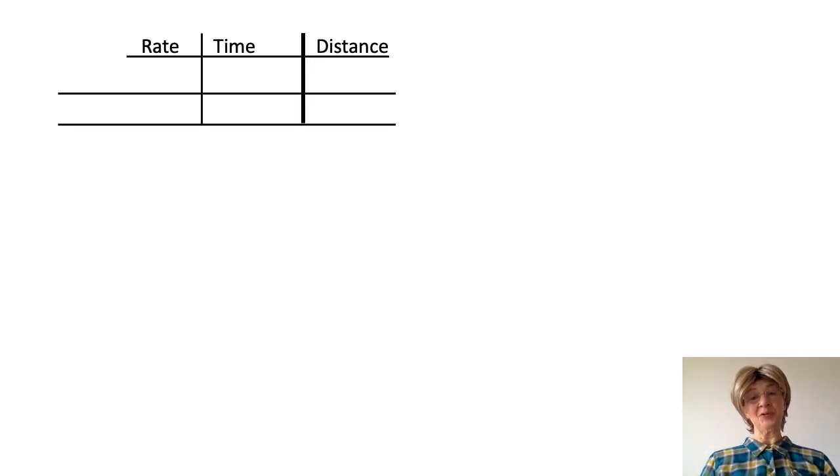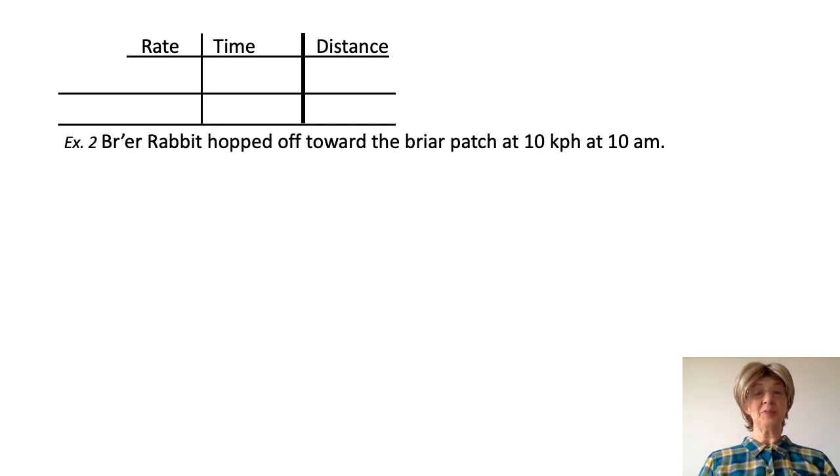Let's do example 2. There's the chart ready to go. Example 2. Brer Rabbit hopped off toward the briar patch at 10 kilometers per hour at 10 a.m. So we've got a rabbit and we have a rate, 10 kph.